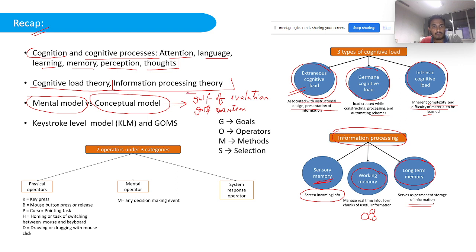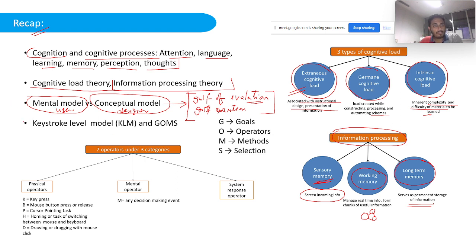These are two barriers which are involved when the mental model of a user is not in sync with the conceptual model of a designer. As a designer we need to understand the user requirements as well as the user's mental model, so that we come up with a design which has minimum gulf of execution as well as gulf of evaluation.